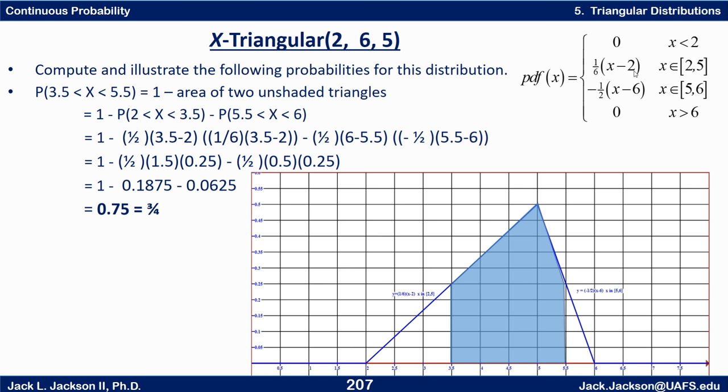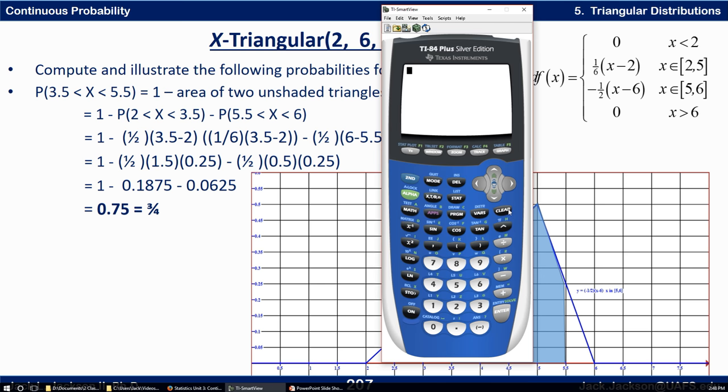Let's see. 3.5 minus 2 is 1.5, divided by 6 is 0.25. We can just check that real fast: 3.5 minus 2, and then divide by 6. 0.25, or of course you could change that to a fraction, you know how to do that.